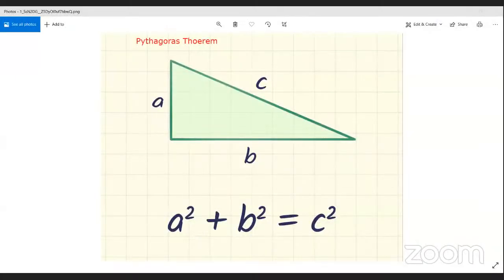Go ahead and write down your Pythagoras theorem formula.